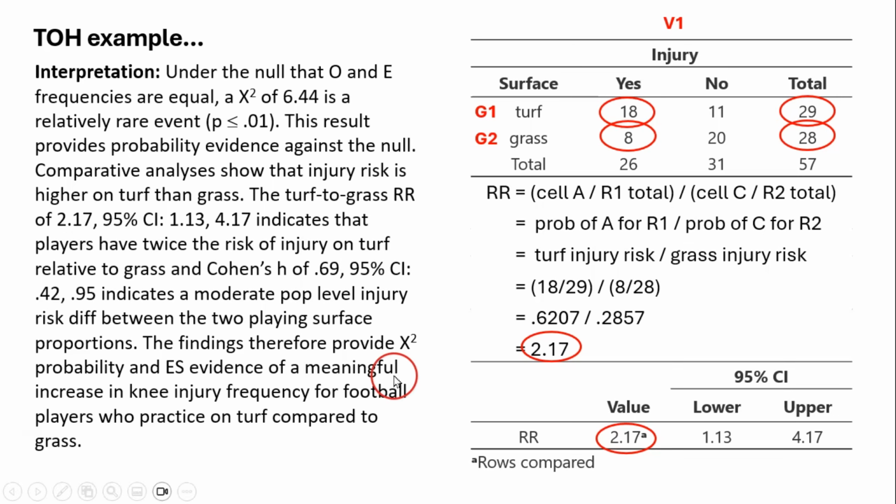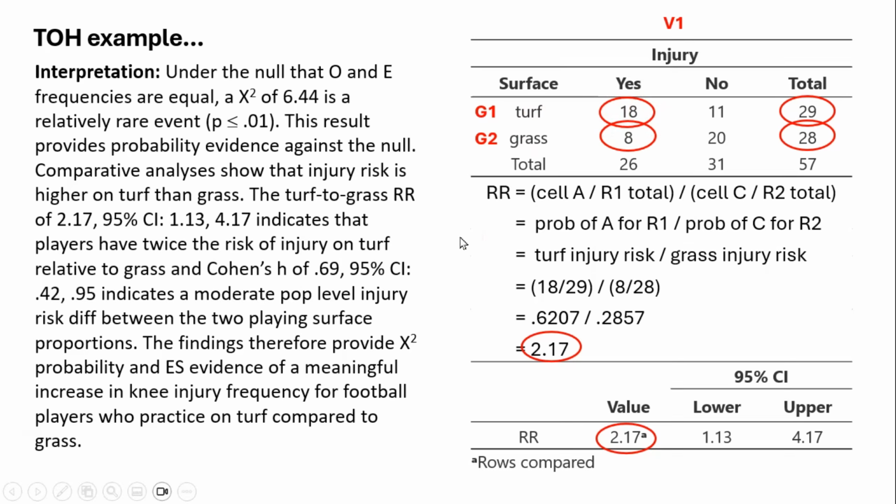So we want to set that up so that the risk ratio has been calculated using our row 1, column 1 response, which is turf yes, as a way to interpret that.